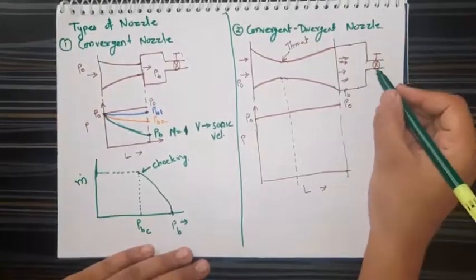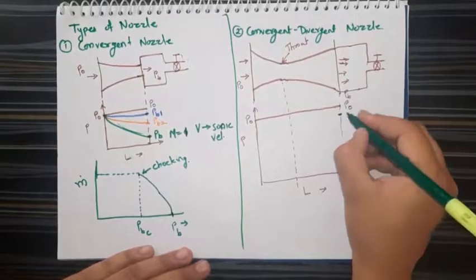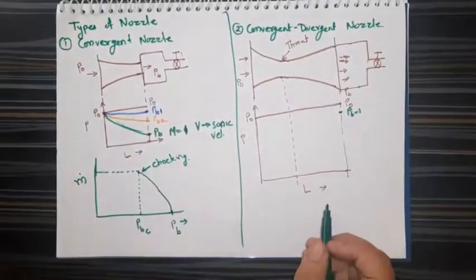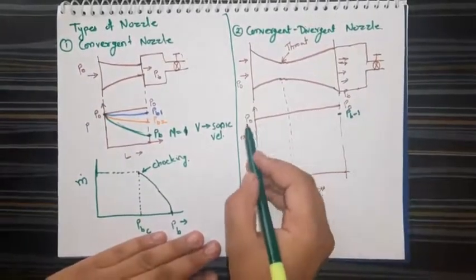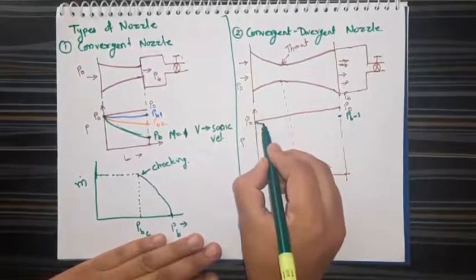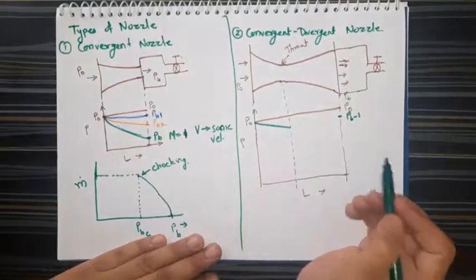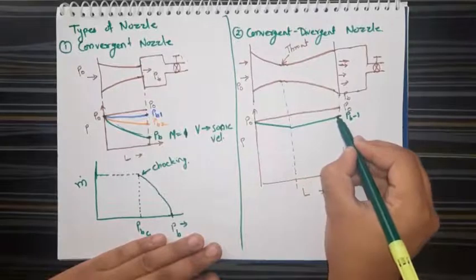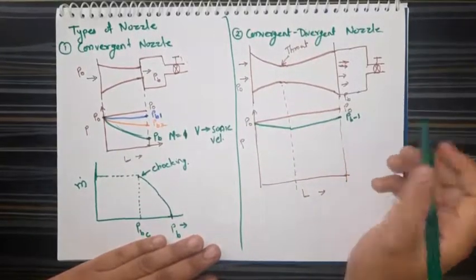Once the valve is opened slightly, the pressure will drop to, let's say, somewhere here, that is PB1. Now when it drops to PB1, what happens inside this nozzle is, in the convergent section the pressure will drop down, and in the divergent section it will again increase slightly so that it reaches this back pressure PB.